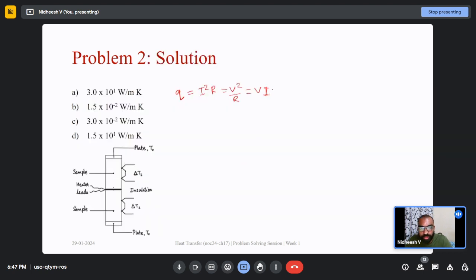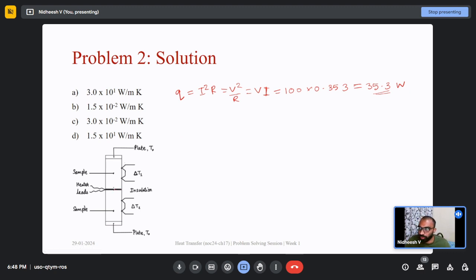So we can say it is equal to 100 into 0.353 ampere, which is equal to 35.3 watts, right? We know the heat generated in this heater material.